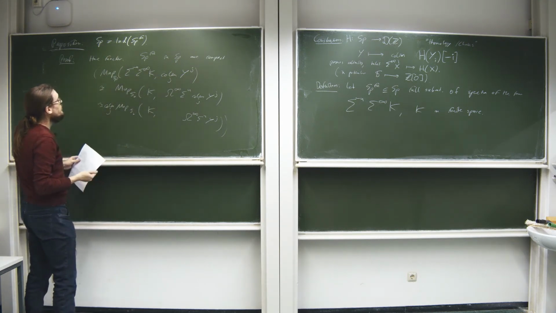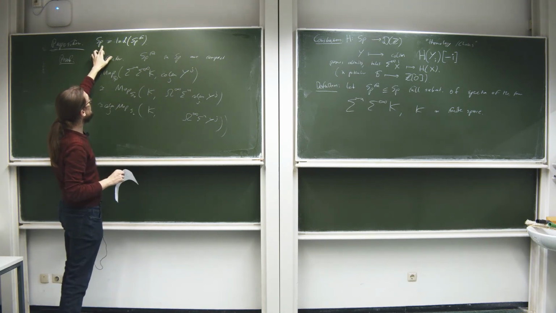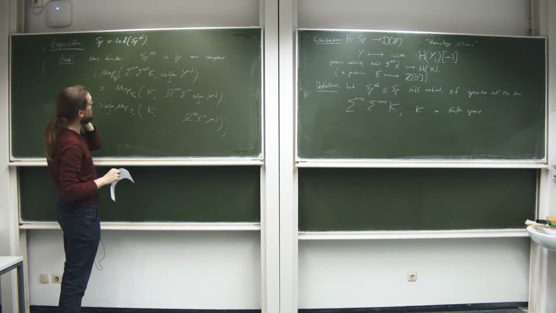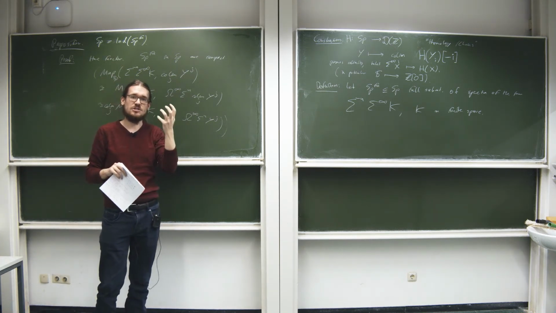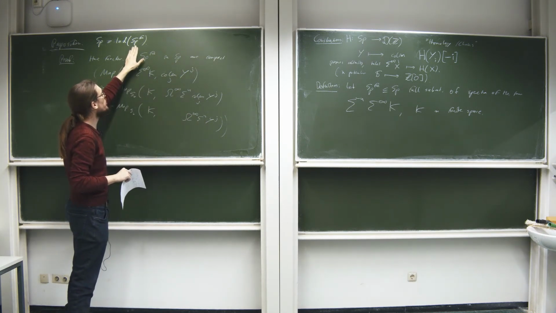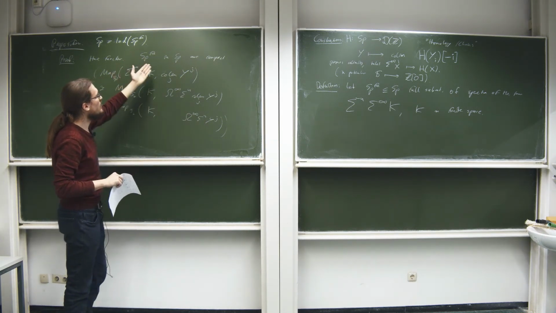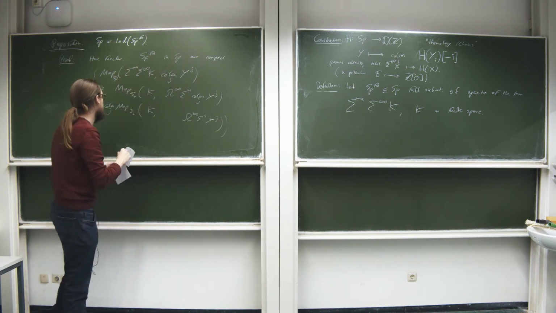And then the final thing you need to check is that the functor is essentially surjective, right? In the Ind category, objects are by construction filtered colimits of the objects coming from the generating category. So you have to check that every object in spectra is a filtered colimit of finite spectra.